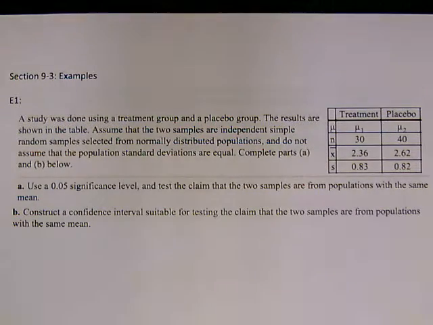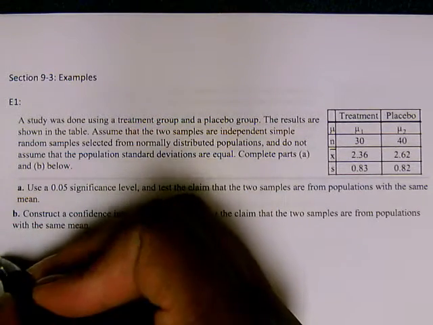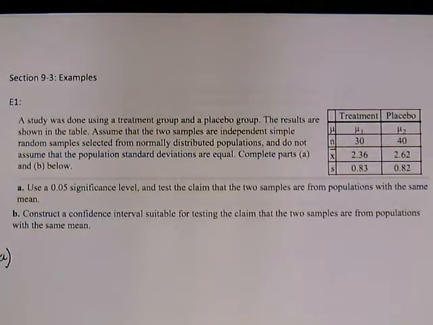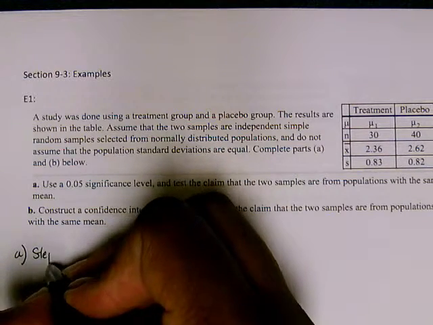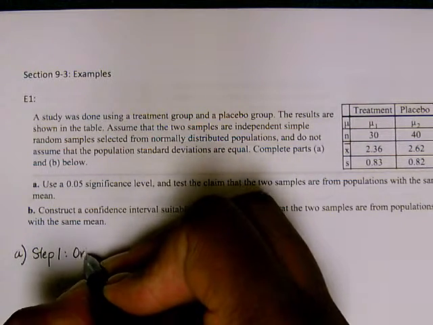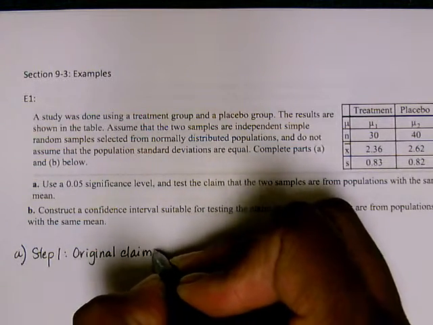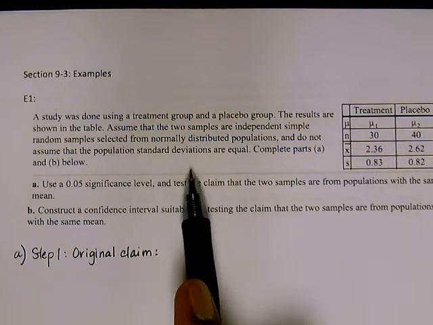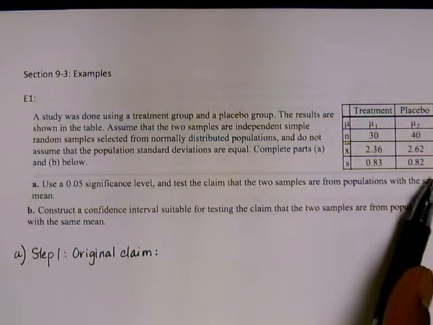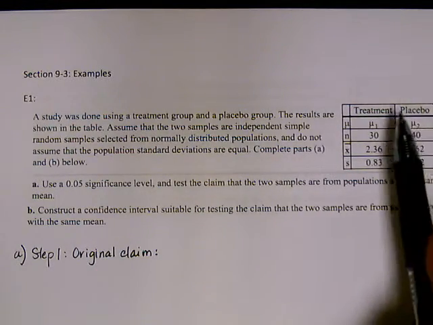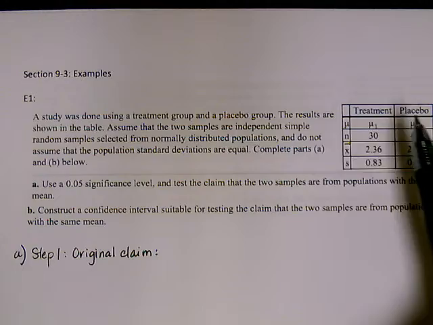Okay, so let's start off with part A, doing the hypothesis testing, because it did say use a 0.05 significance level. So step number 1 is the original claim written in symbolic form. So in this case here, we're testing the claim that the two samples are from populations with the same mean. That means the population mean of the first one has to be the same as the population mean of the second.